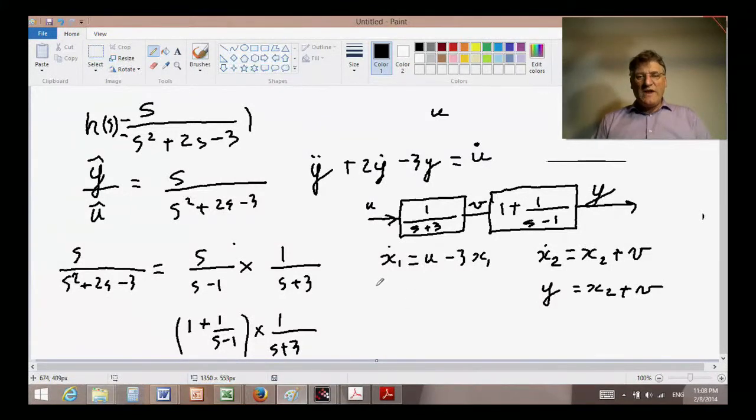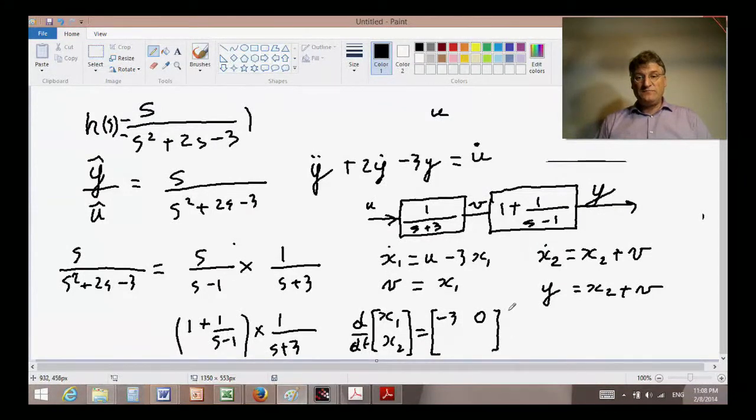And therefore, when I mix all these and I add that v is equal to x1, I obtain the following differential equation: d dt of [x1; x2] will be equal to [-3, 0; 1, 0] times [x1; x2], because x2 dot is x2 plus v, which is x1, plus b, and the B matrix will just be [1; 0] times u.